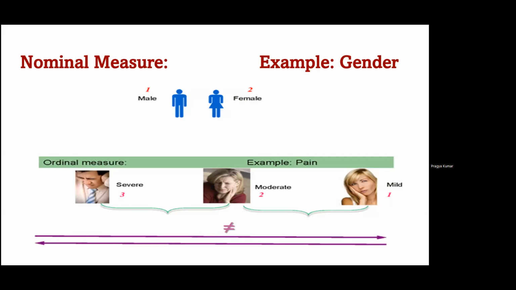If I give 3 to mild and 1 to severe, is the meaning the same? So Dr. Sumana is writing no. You are right. So in case of an ordinal, we cannot reverse the code, or give a higher value to something which is less, because it will change the intuitive meaning of the data. So this is known as the ordinal when there is a definite order.